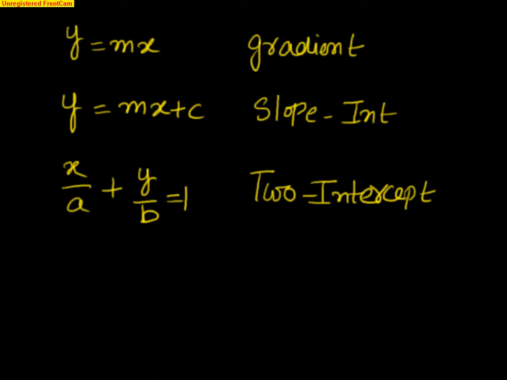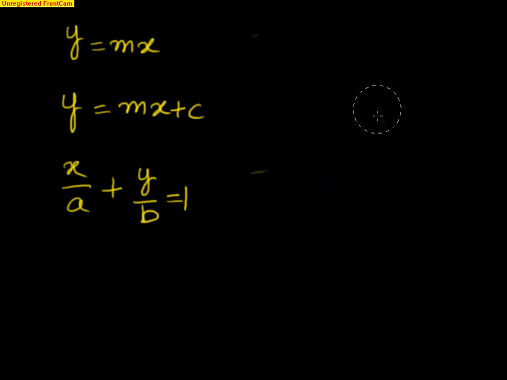Now let's see some interesting examples. I'll just keep these equations as they are so that you can use them. Okay, let's take a simple example. As I said earlier, we will start with simple examples, and once we cover all the equations, then we can make it a little bit more complex.